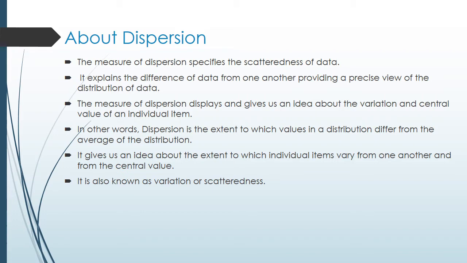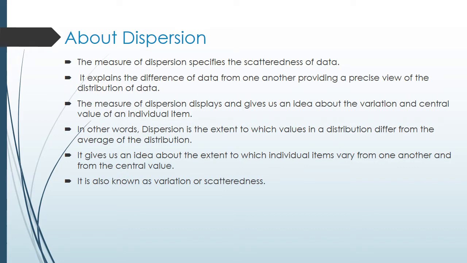The measure of dispersion gives us an idea about the variation and the central value of an individual item. In other words, dispersion is the extent to which values in a distribution differ from the average of the distribution.